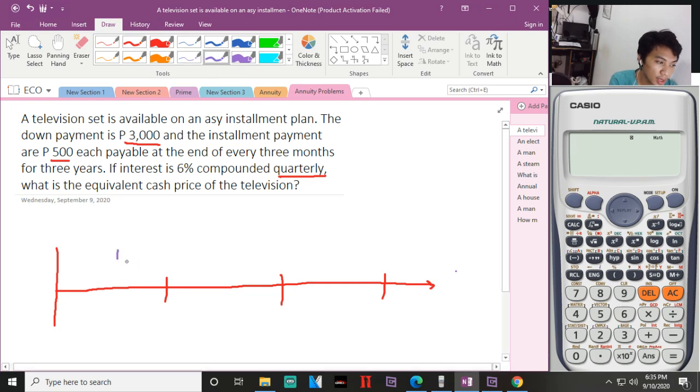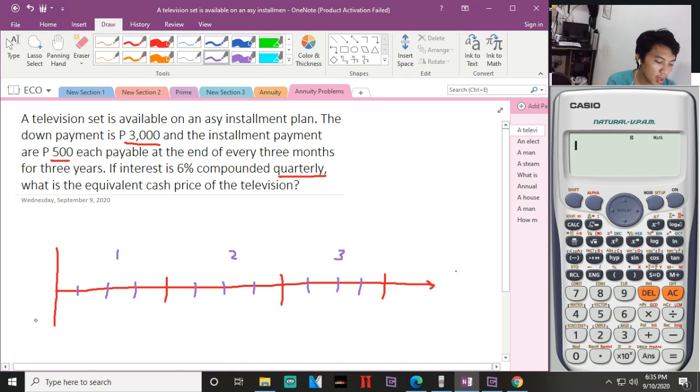Kaya lang, yung bawat taon na yan, i-subdivide mo into quarter. So, 4 na beses. 1, 2, 3, 4, 5, 6, 7, 8. So, you have subdivided all of them into 4 equal payments.